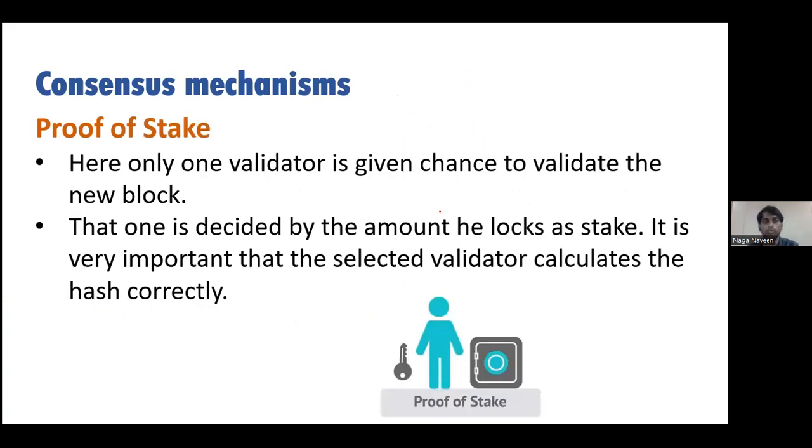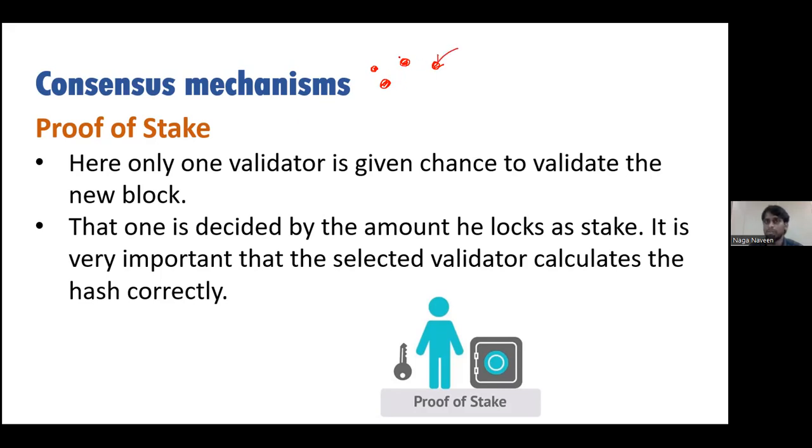Next, proof of stake. Now, in the previous example, even though all the racers have run that far, the energy will be wasted because they have not won the race. Similarly, these nodes have put in so much electrical energy and so much processing power into solving this particular hash puzzle or trying to validate that block.